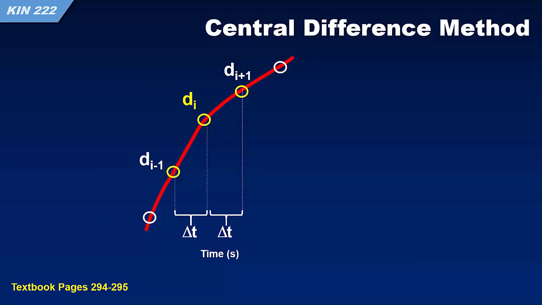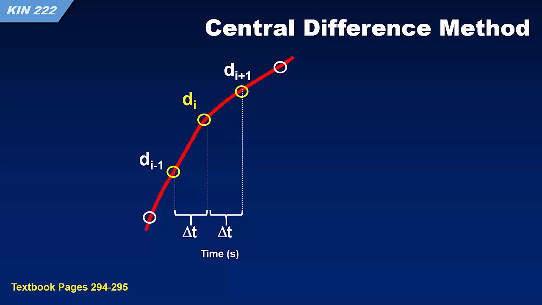This is a representation of the same kind of data we saw in the previous slide. We've got displacement data over time, and each one of those circles is data from a frame. We're interested in those three middle frames, those three displacements. If you notice, the displacements have subscripts with the letter i. That's a mathematical convention which allows us to generalize frame numbers.